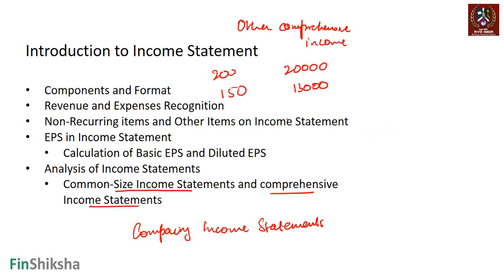Unless we dig deeper into the numbers, we can't compare these two companies because their size and scale are completely different. So we have to get them to a common metric, assuming of course they are in similar industries, or even if they are not, to get knowledge of how individual line items in the income statement look. We are going to look at what are called common size income statements.